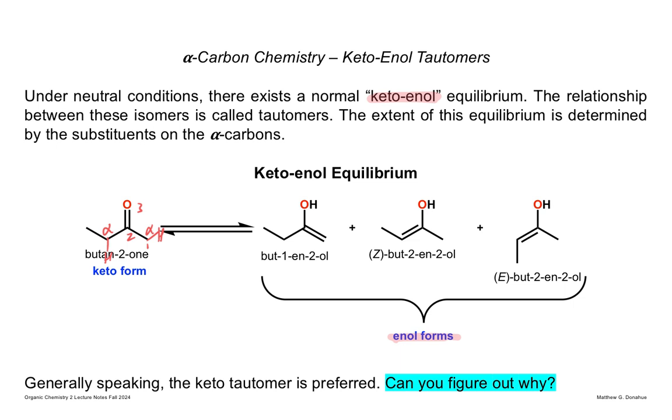Like if you had a bottle of butanone, you would have some of those enols in there, maybe 0.5% or something. The ketone or the carbonyl form is preferred just based on bond association energies. The carbonyl is a much stronger bond than the alkene, and then you can do the rest of the math to figure out why that percentage is preferred.